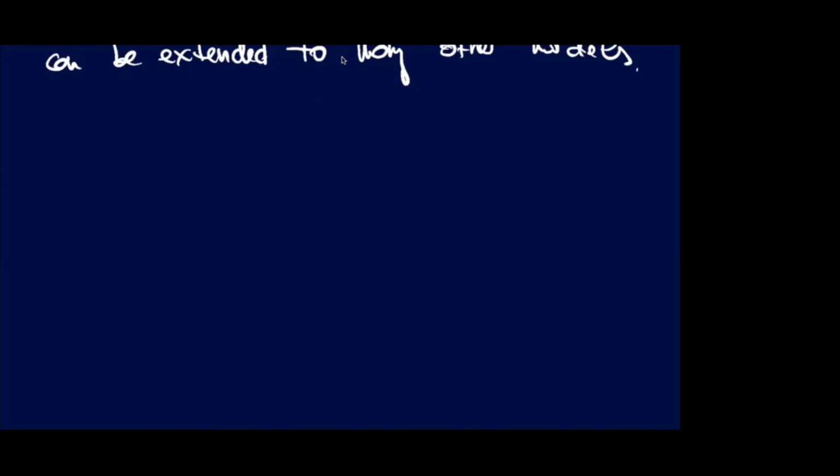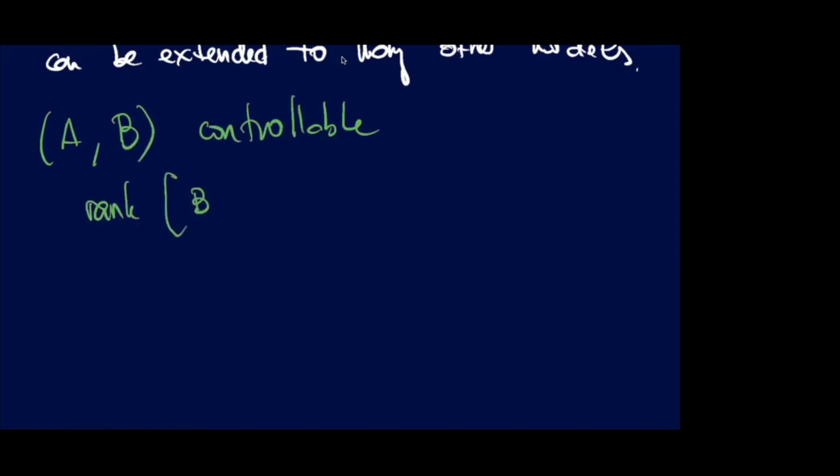This is already implicit in the Kalman rank condition, because we say that (A, B) is controllable whenever the rank of [B, AB, ..., A^(N-1)B] is equal to N. Okay?